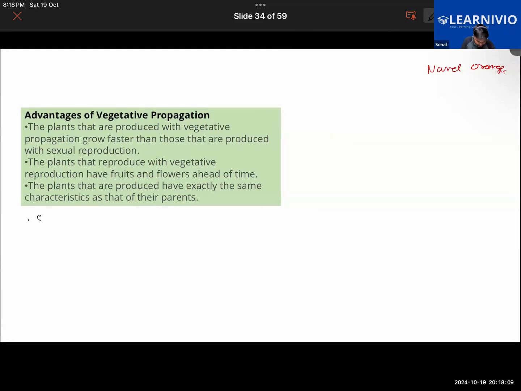So seedless plants like pineapple, bananas, and examples like dahlia, and some other examples.